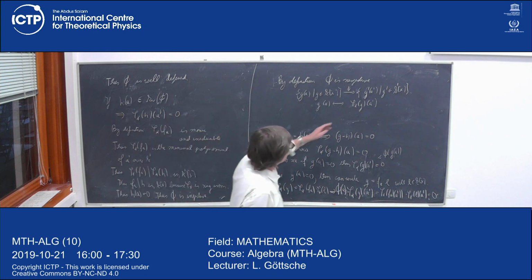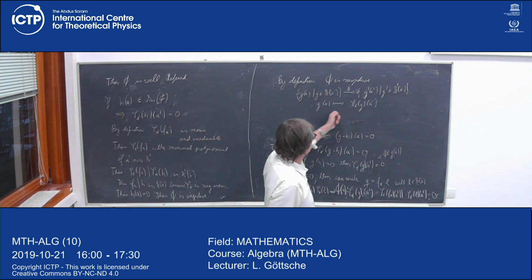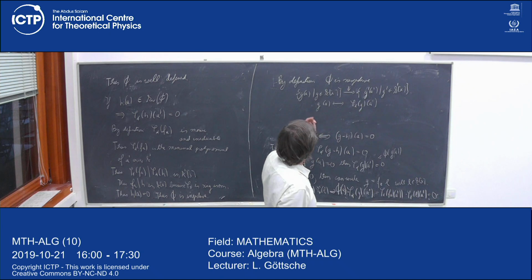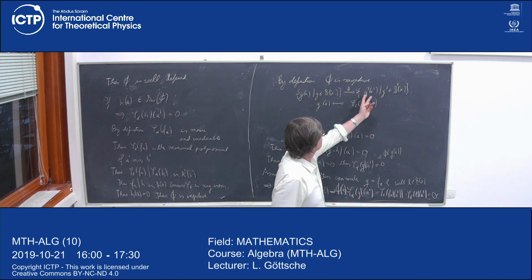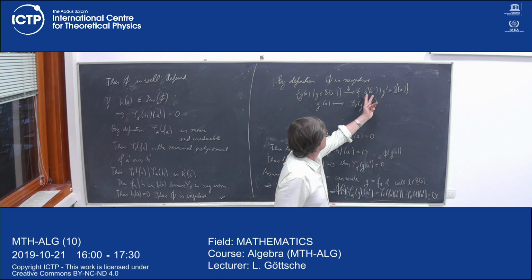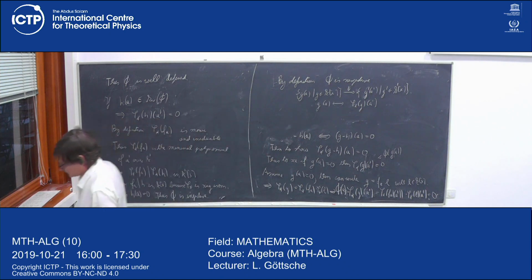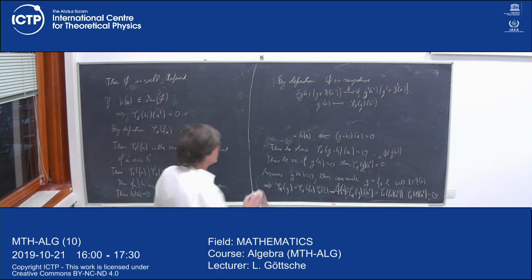And obviously phi star was an isomorphism, so every phi star of g we get from all the g's, so this map is obviously surjective, because this field is just all these polynomials applied to a prime, and these are all polynomials because we start with all polynomials. Okay, so this is this proof.